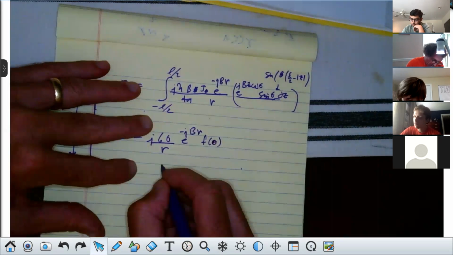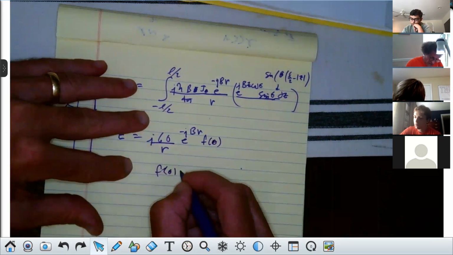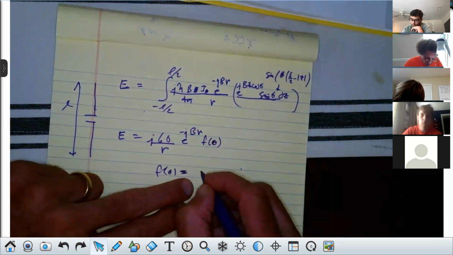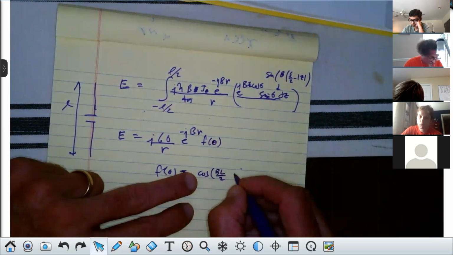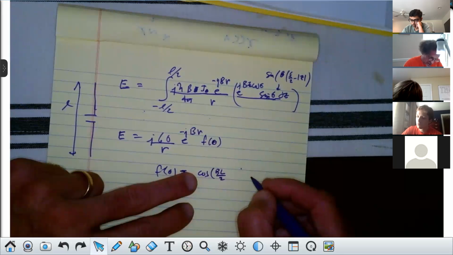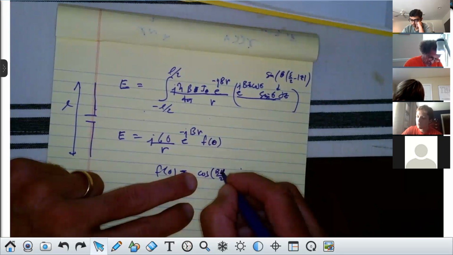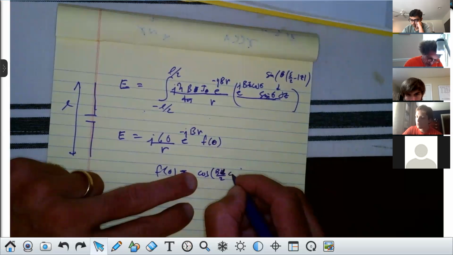And small f of theta will be equal to cosine of beta L over 2 times the cosine of theta.